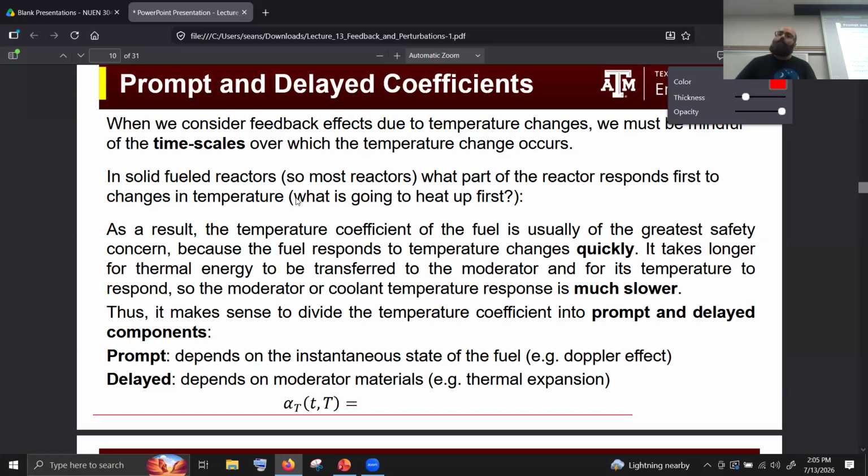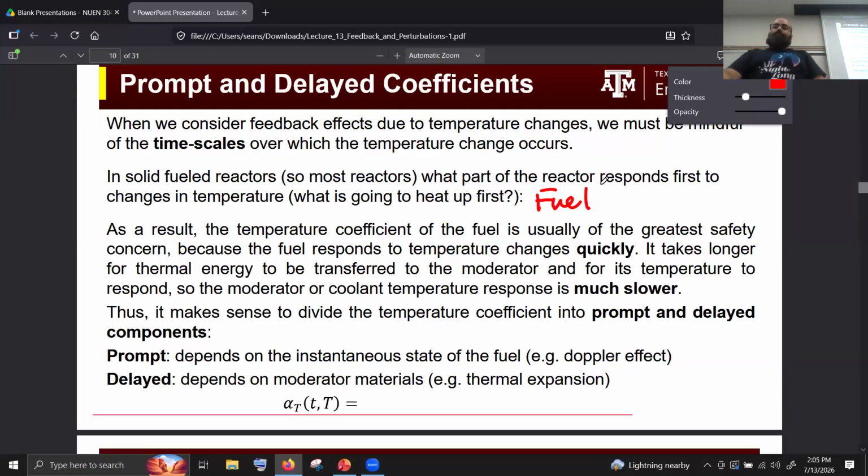The fuel or the moderator? The fuel is going to be the thing that heats up first because that's where the heat is generated. So you have a power increase, that's going to cause the fission rate in my fuel to increase. That's going to cause first the temperature of my fuel to increase, and then the fuel transfers heat to the coolant.